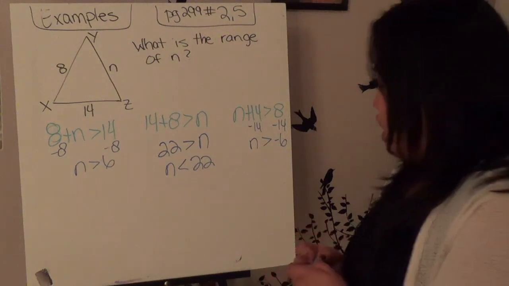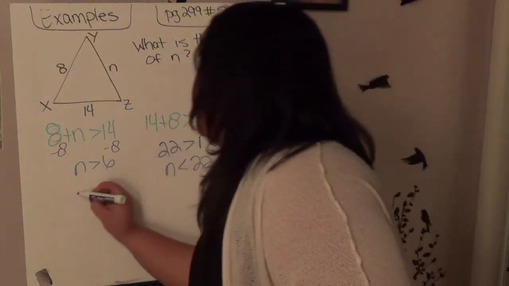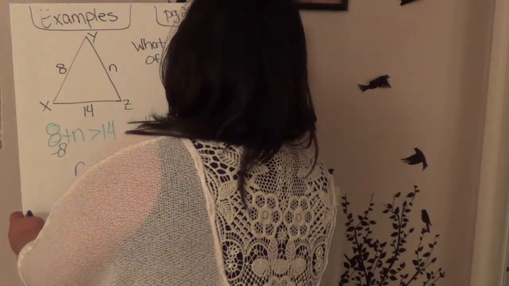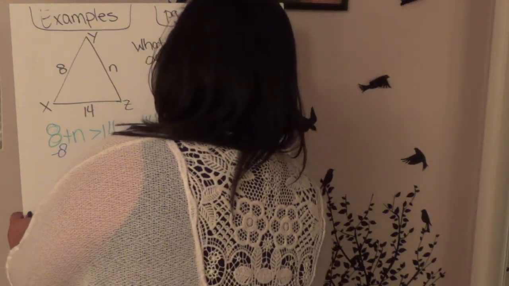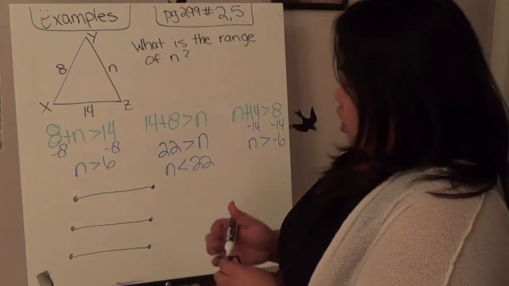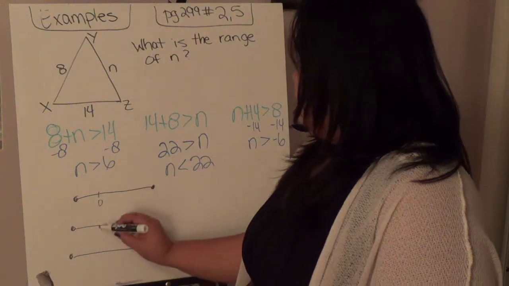Now I can graph. Let me show you why it's important to put n on the left-hand side, because I'm going to put all three graphs right on top of each other. Let's make this 0.